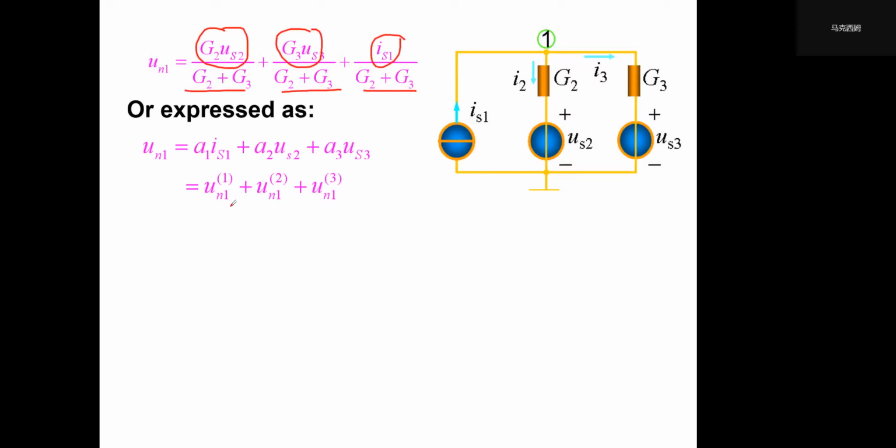We can see that the first factor can be expressed as A1 and corresponds to the node voltage UN1. And the second one could be expressed as, that's a little bit different.